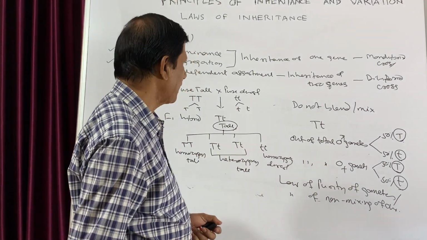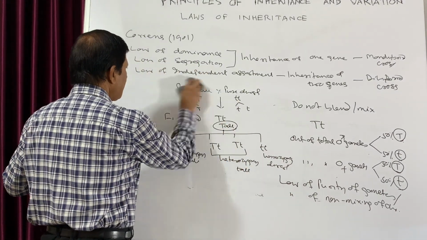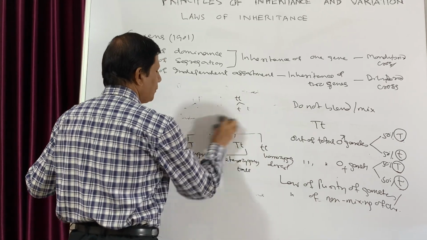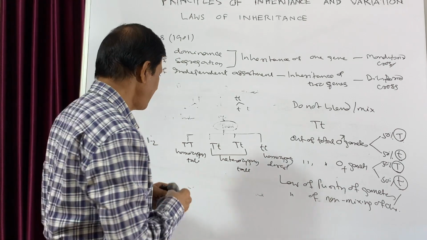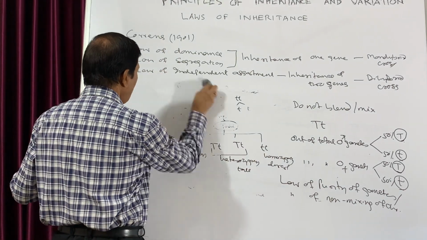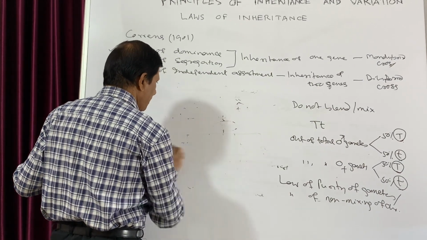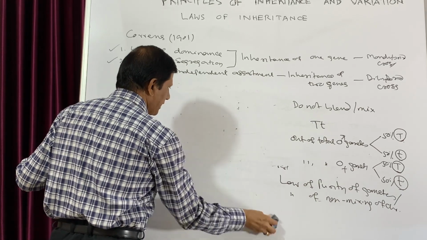And what is the importance of this law of segregation? The law of segregation is the fundamental law of genetics, to which there is no exception. That is very important. We have discussed that for the law of dominance there are exceptions, incomplete dominance and codominance. But for the law of segregation, there is no exception.